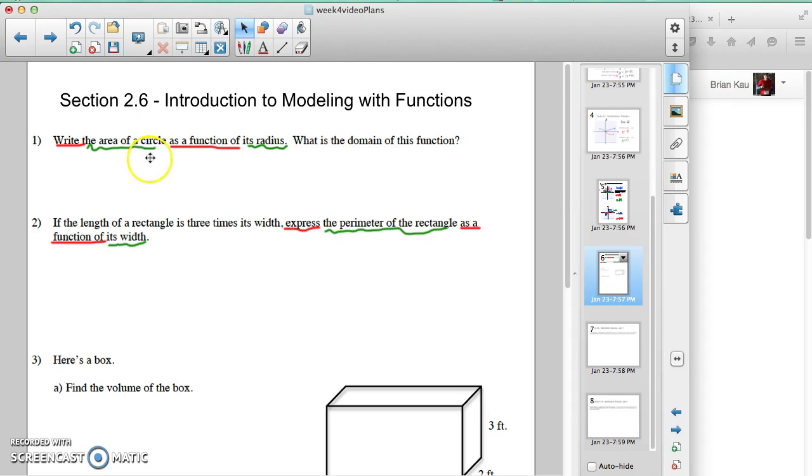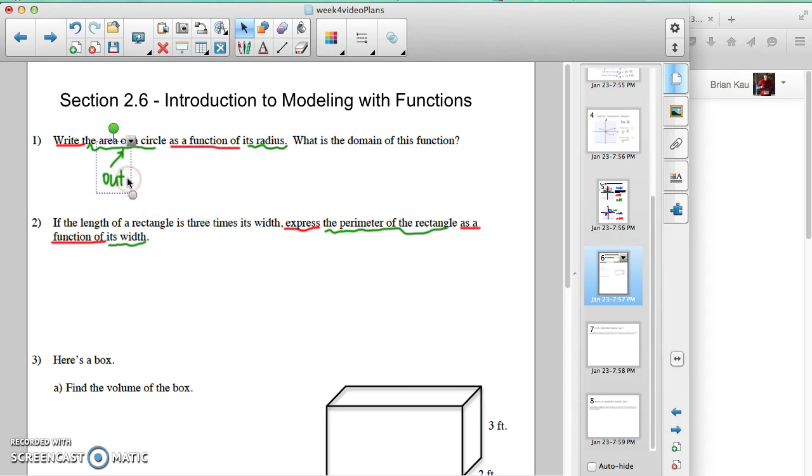Now, when you see that, this part right here, the first part of your statement, is your output of your function.